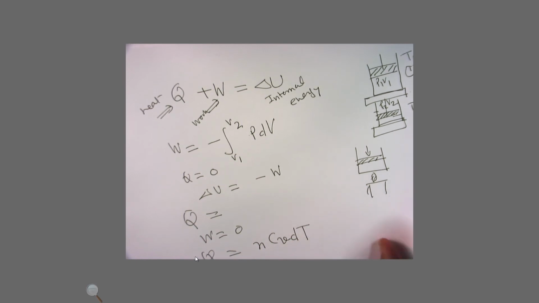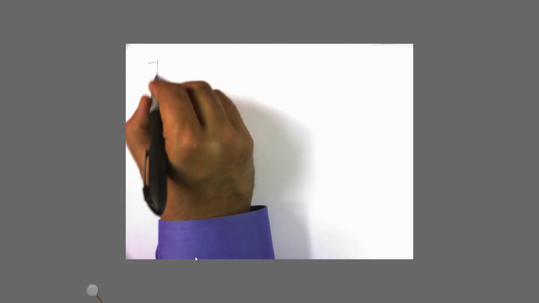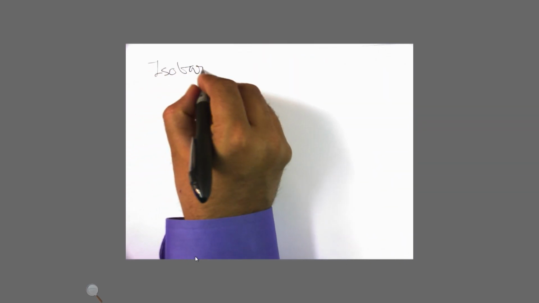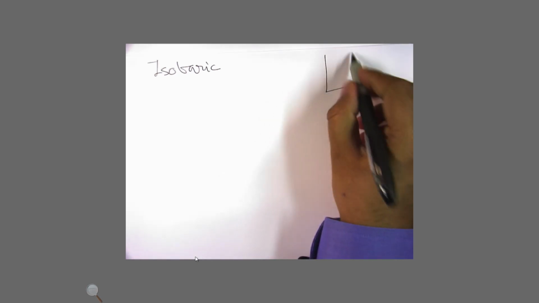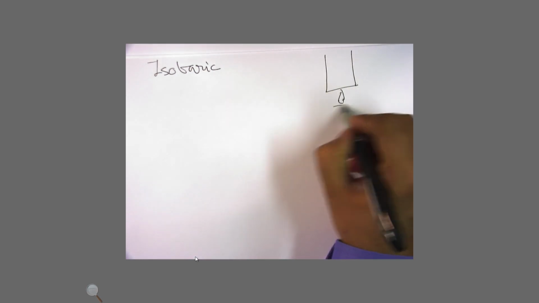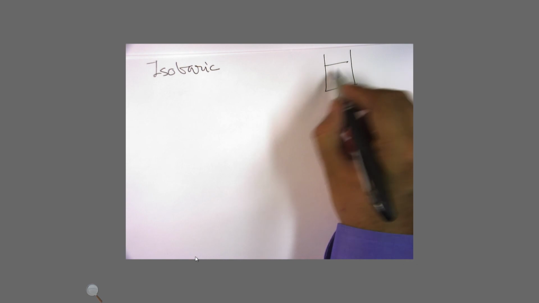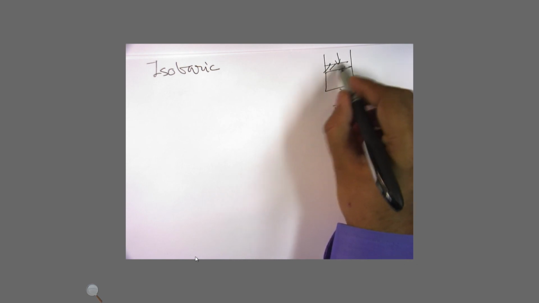delta T. Now let us look at the isobaric situation, which is an important situation, and that will also lead us to connect between the two specific heats. So, now let us look at that situation. In the isobaric situation, if you look at this system, we are supplying heat, and at the same time we are allowing this piston to move.